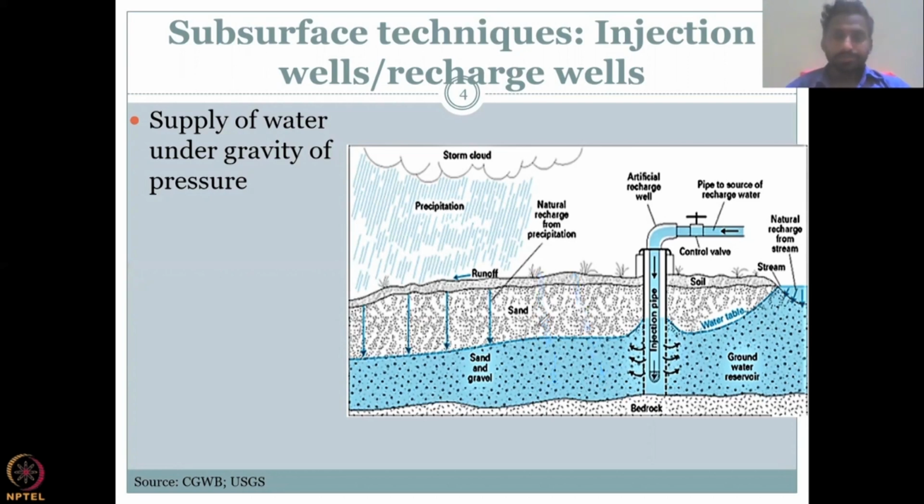For example, if you want to recharge the shallow or unconfined groundwater, then you don't have any pipe. Whatever water you push is going to be recharging from the bottom. But these injection wells are mostly for a targeted depth of the aquifer where you want to recharge.